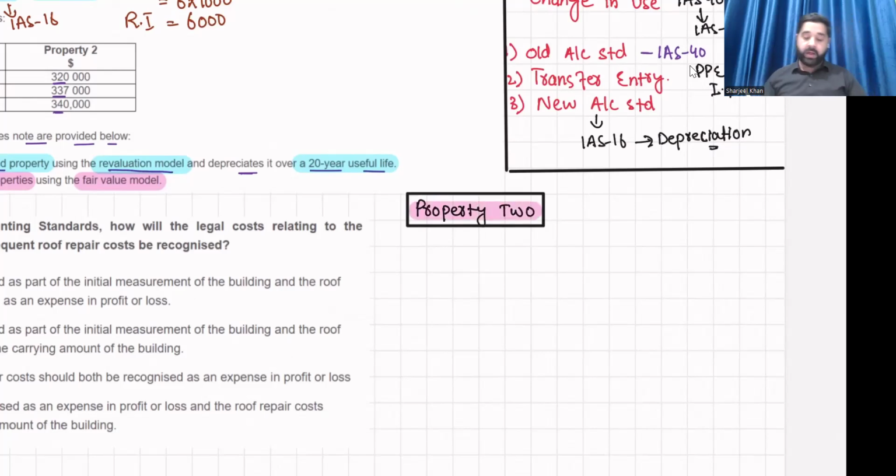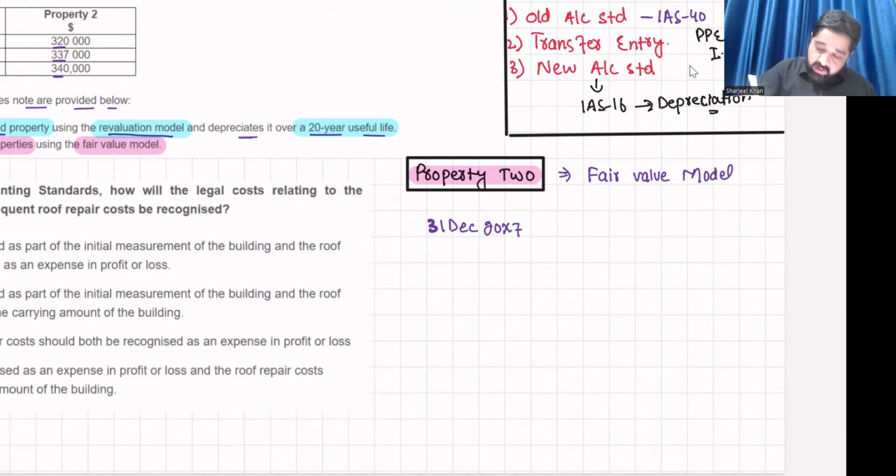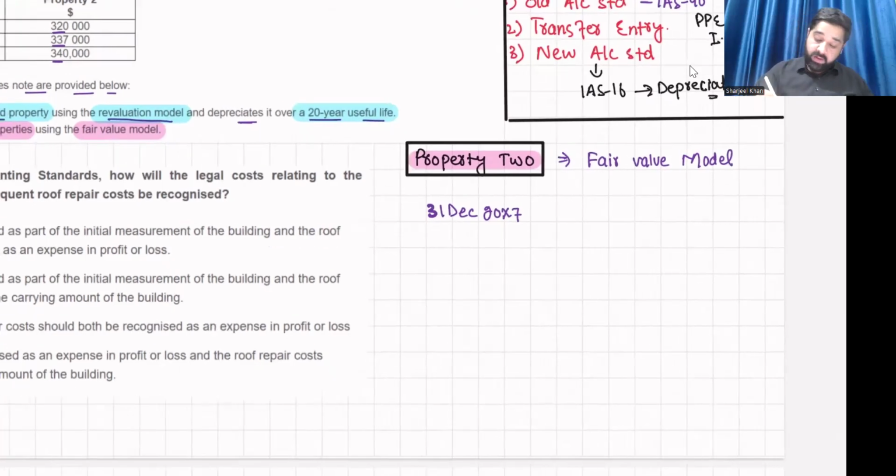If I do the working for the year ended 31st December 20x7, as the examiner said, the model for the investment property is the fair value model.